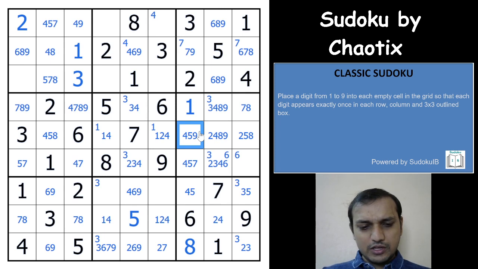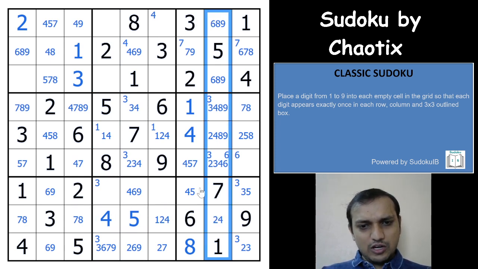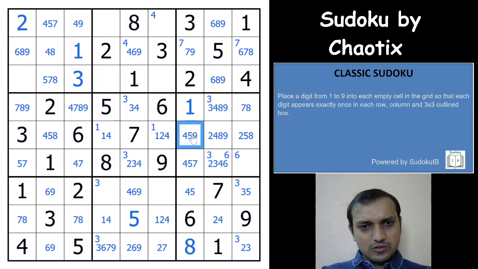So if I write a 4 here, 4 in this column has to be here and 4 in this column has to be here, right? So you cannot have a 4 here, but is that helpful?